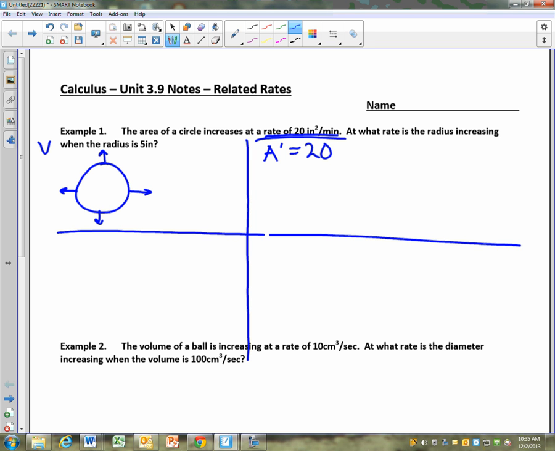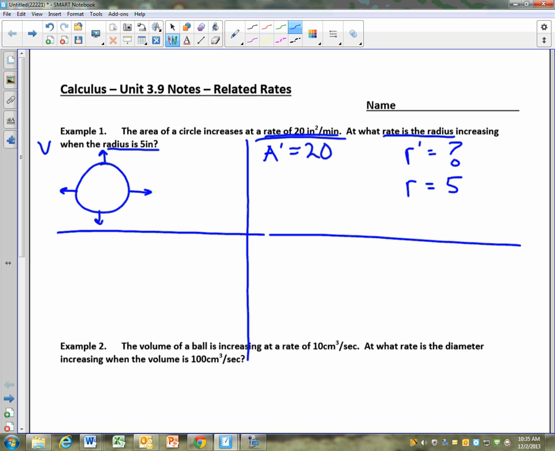What is an expression for rate of the radius? R prime. R prime is what we're trying to find. We don't know that one. When the radius is 5 inches, we don't know what R prime is, but we do know that R is 5.